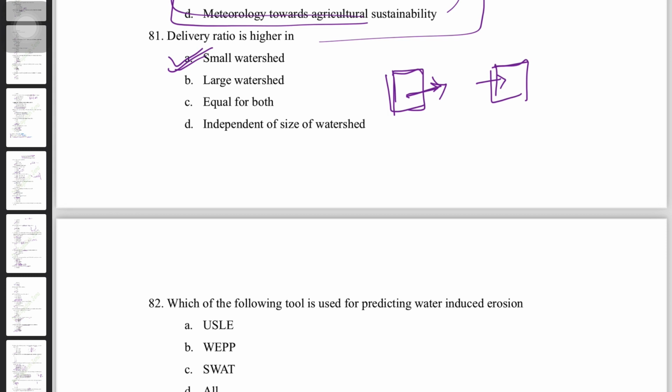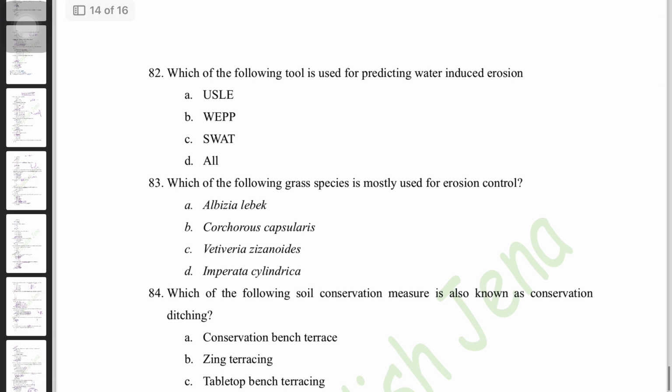In a small watershed the moving path is shorter, so more will be deposited, or more delivery will be there in the water body. But in a larger watershed, during the flow the eroded particles will be deposited somewhere else. So delivery ratio is higher for smaller watershed.